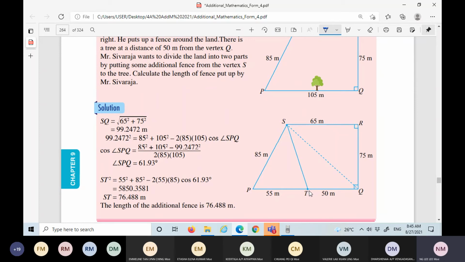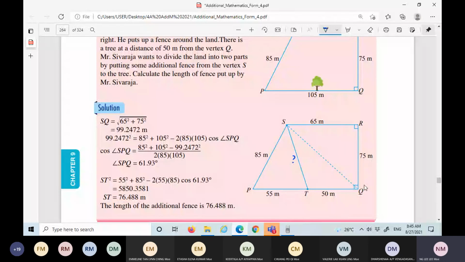The distance from the Q, so TQ here, is 50. The whole thing is 105. Therefore 105 minus 50, the balance here is 55. Divide the length into 2 parts by putting some additional fence from the S to the tree. So you draw a line from S to the T. Calculate the length of fence put out by Mr. Sivaraja. So they want ST.